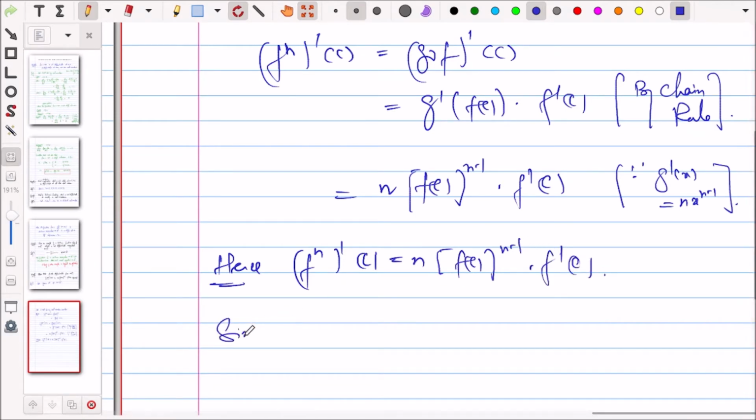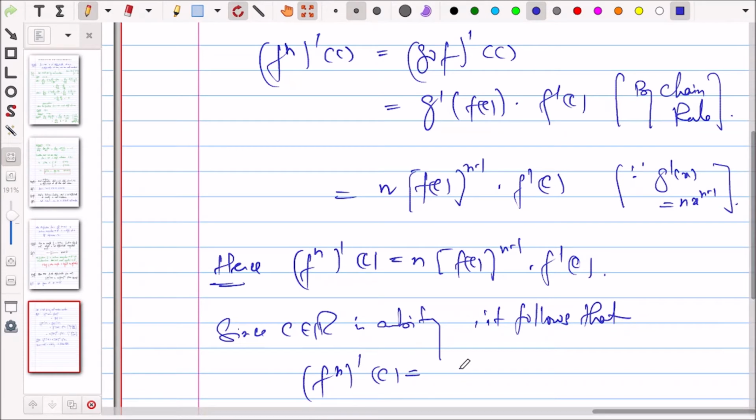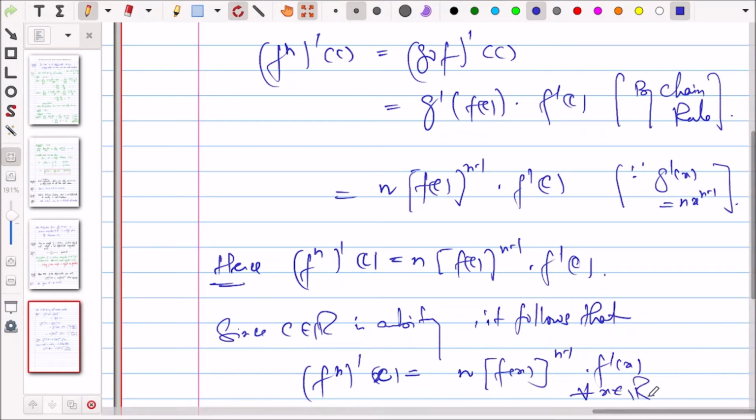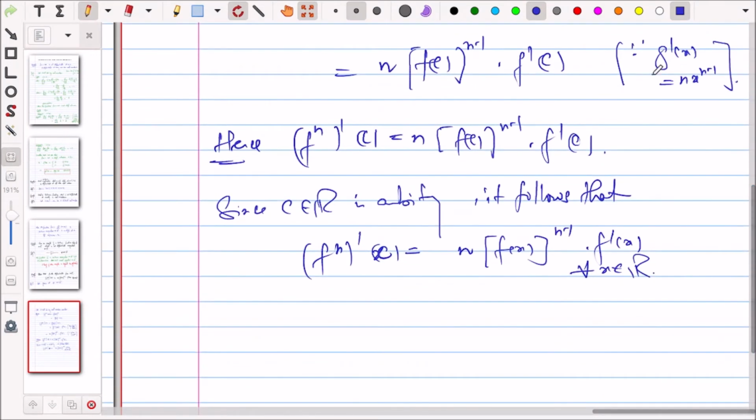So since c belonging to R is arbitrary, it follows that f n dash x is equal to f x to the power n minus 1 dot f dash x for every x in R. Fine. So this formula we have used here. So this completes the proof. Is it fine? Yes, sir.